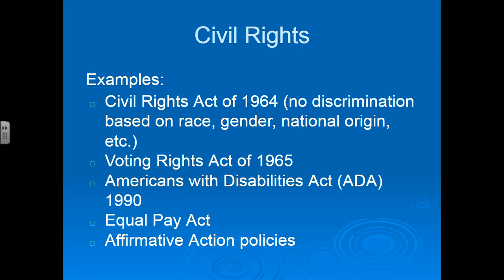And for those of you going, I've never heard of that. Yes, you have. We talked about it during, I don't remember which unit it was. Whenever we talked about gerrymandering, we talked about the Voting Rights Act of 1965. So the Voting Rights Act basically said you could not discriminate against people at the polls.